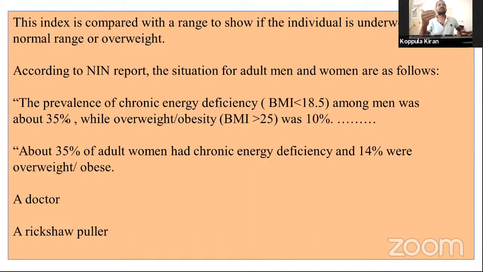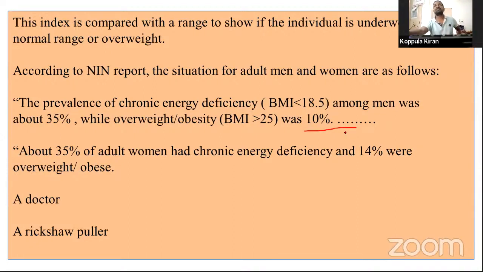While overweight, obesity, it is known as overweight, means obesity, in Telugu, Stulakayam. BMI greater than 25 was 10% of the people in our country. See this, 35% below body mass index and above BMI 10% of the people are obese.